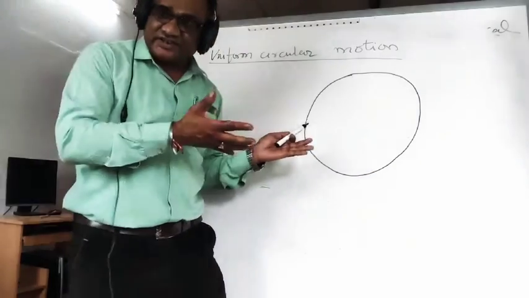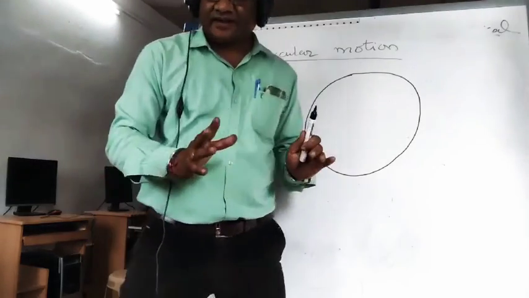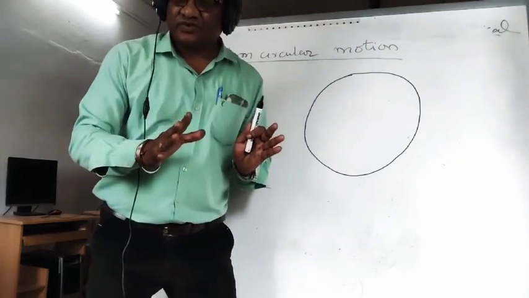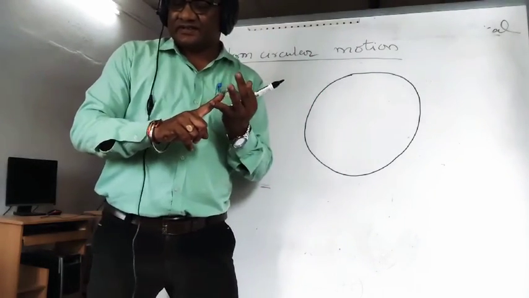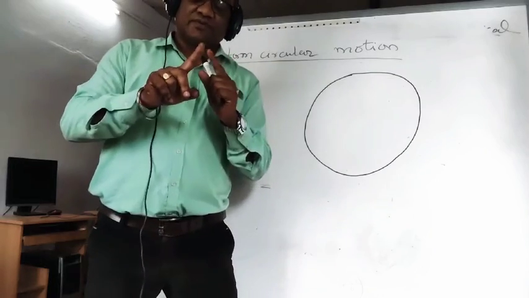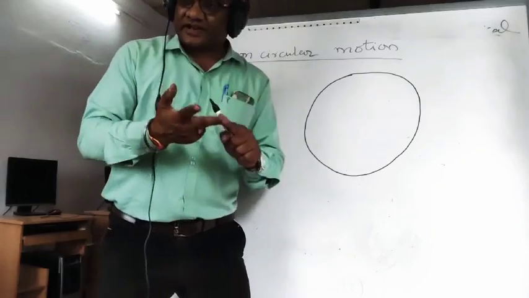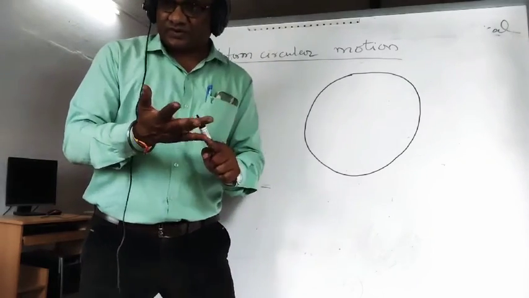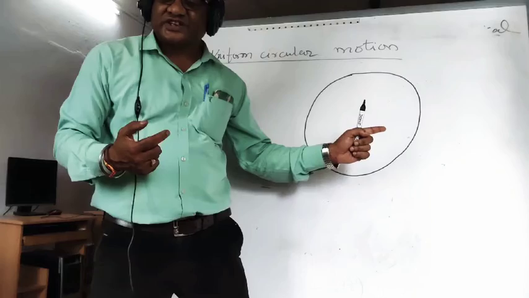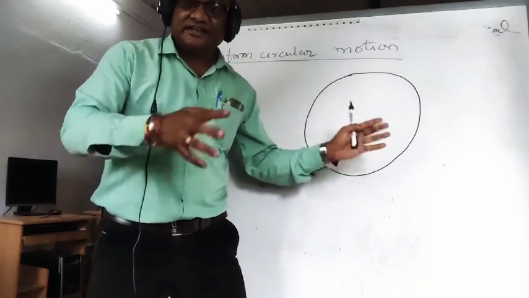Acceleration means the velocity is changing. I told you that the velocity of a body changes due to three reasons. Velocity is a vector. Velocity of a body changes due to change in speed, due to change in direction, or due to change in both. Here, the velocity of the object changes because of the continuous change in direction.